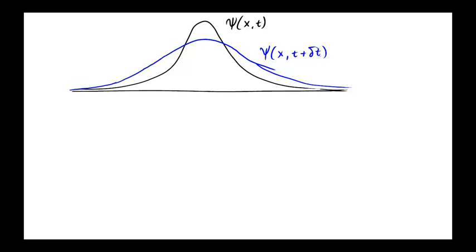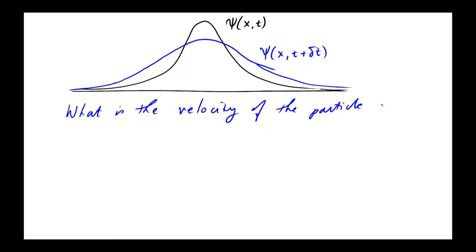I'll give you their functional form. I'll tell you everything about it. And now I ask you the question: what is the velocity of the particle at time t?